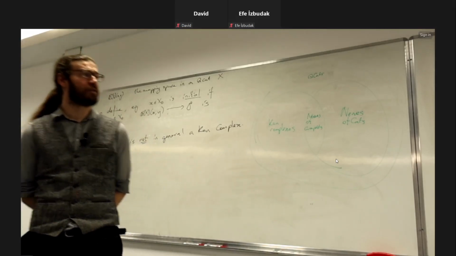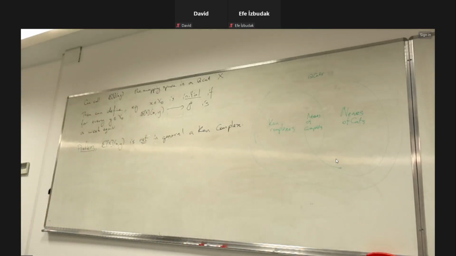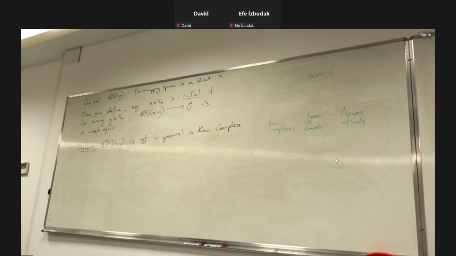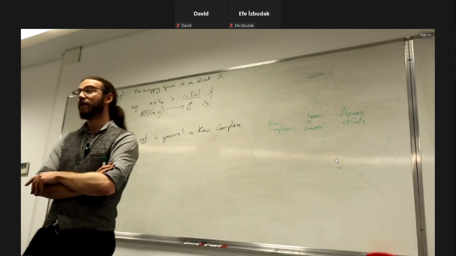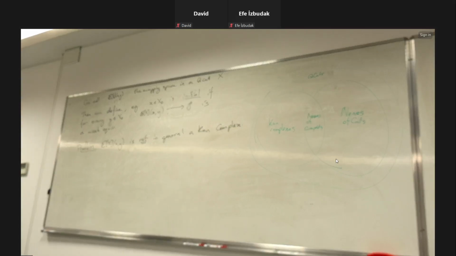So there is a model category structure on simplicial sets. Is there? No, hold on. I don't actually know if there's a model category structure on simplicial sets whose fibrant objects are precisely the categories. That's a little bit tricky because the fibrant objects need to be characterized by a right lifting property in the general sense.